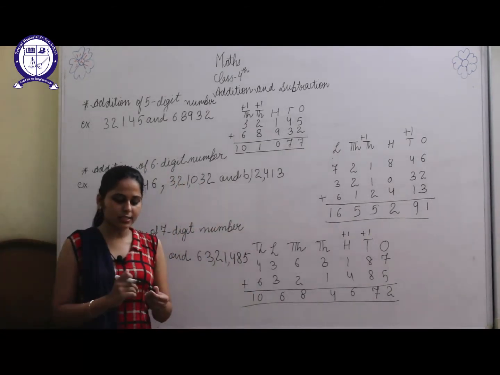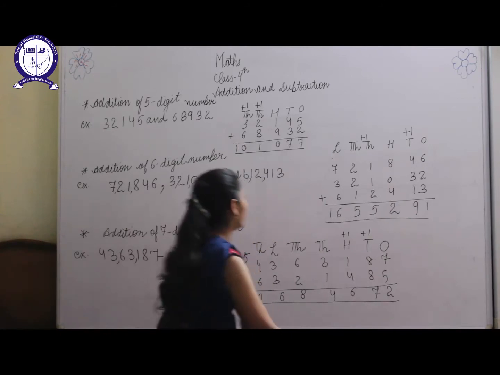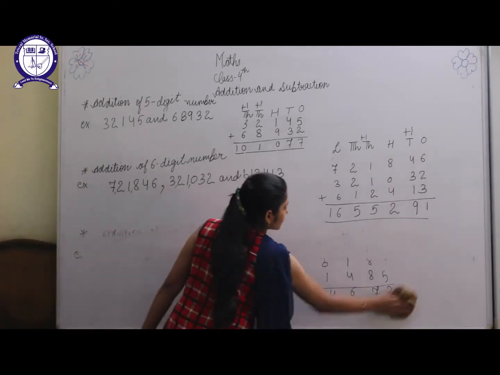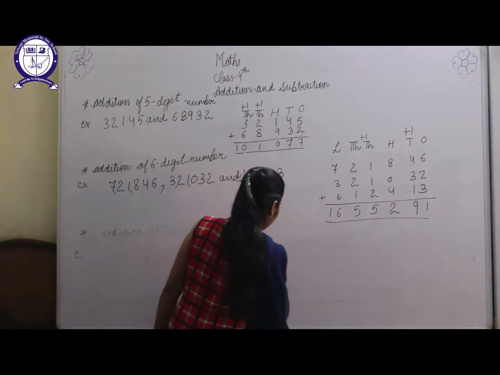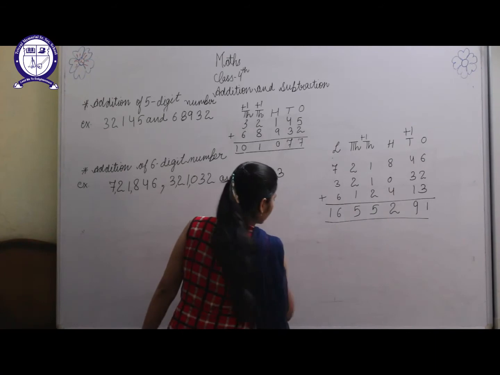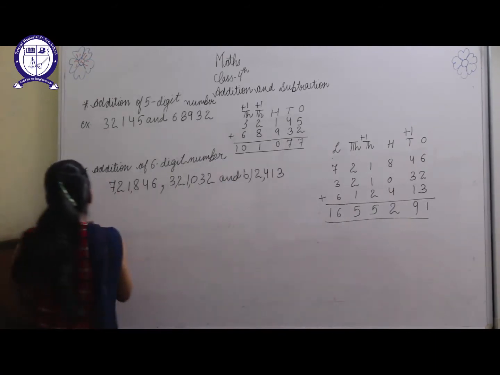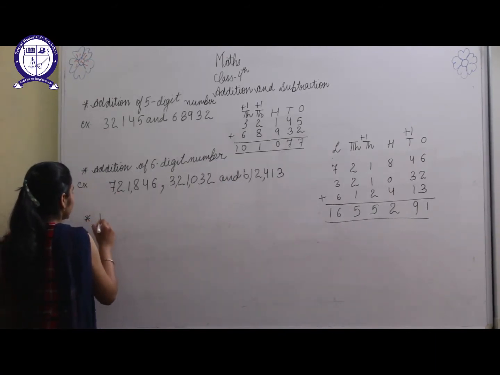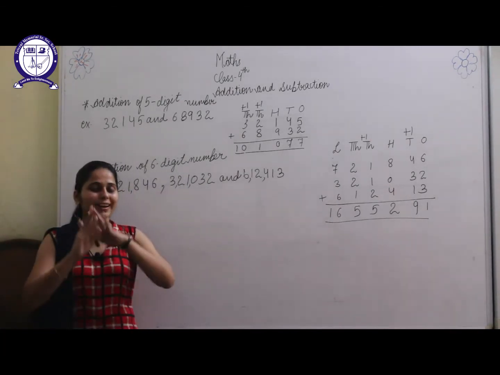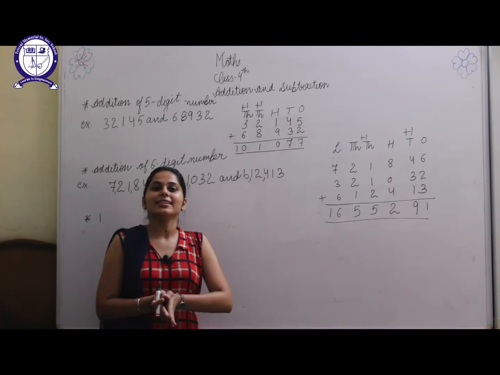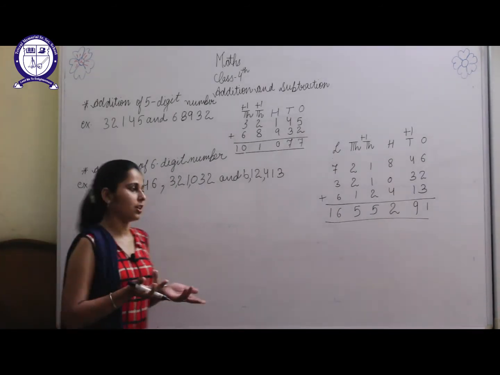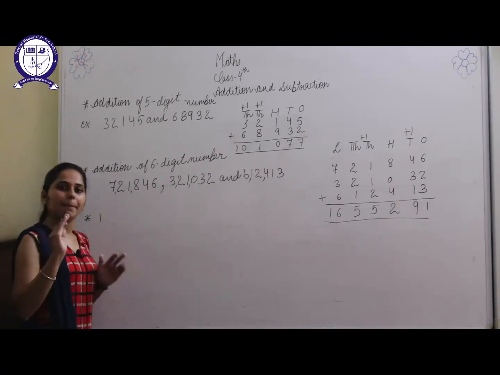Now let's discuss some properties of addition, students. We will discuss the properties here only. So the first one is, when 0 is added to any number, either it can be 1 digit, 2 digit, 3 digit, 4 digit, 5 digit or 6 digit, our answer will be the number itself.